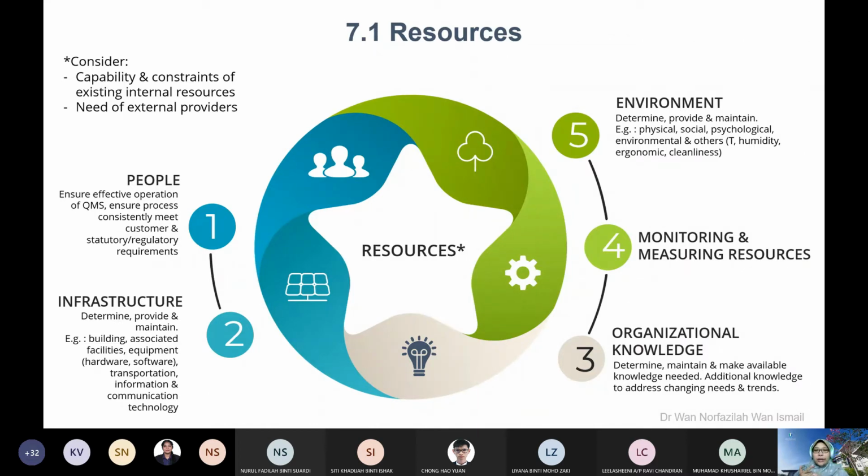Third one is organizational knowledge. Determine, maintain and make available knowledge needed. For example, manual on handling the equipment. So that is one example of organizational knowledge. Determine, maintain and make it available for the person in charge to handle the equipment.